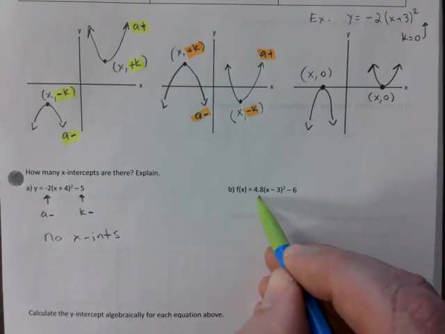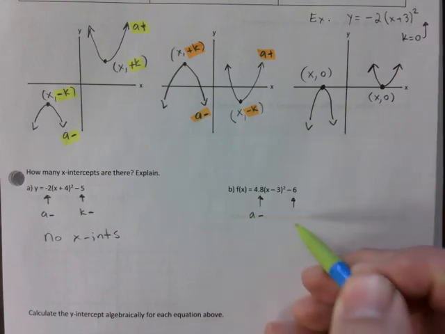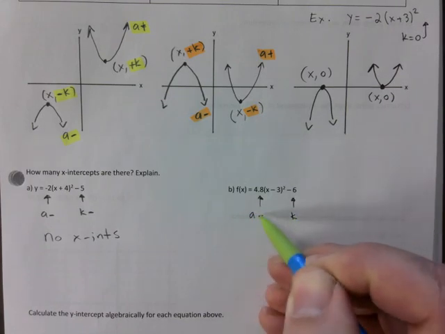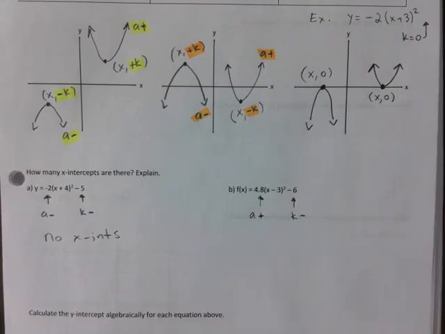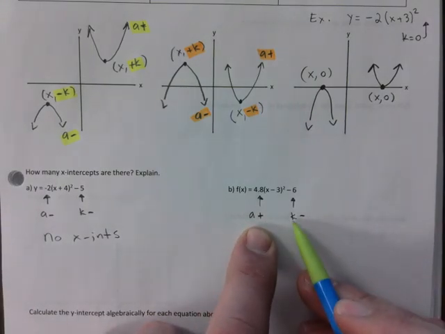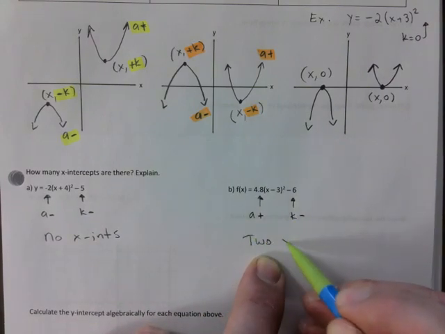And this one? 2. Okay. So you make reference that A is negative and K, sorry, positive. I know, math every once in a while. A is positive, K is negative. So there's going to be an opposite effect, right? So 2 x-intercepts.